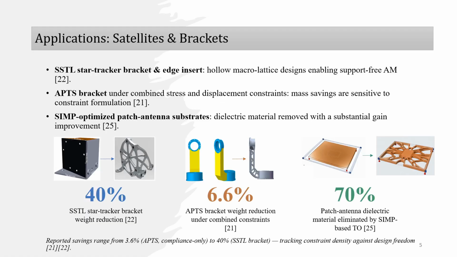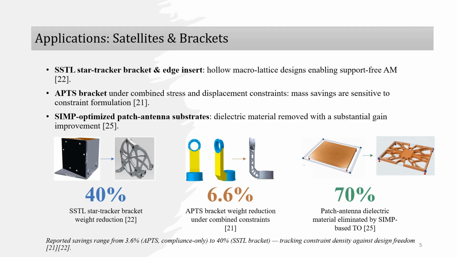This slide presents examples of topology optimization in satellite components and brackets. These are natural applications because brackets are often load-bearing, geometrically constrained, and repeated across spacecraft systems. The SSTL Star Tracker bracket achieved around 40% weight reduction using hollow macro-lattice concepts compatible with support-free additive manufacturing.